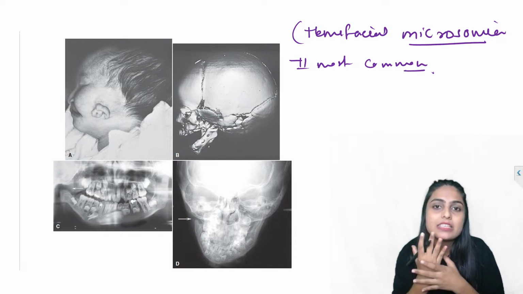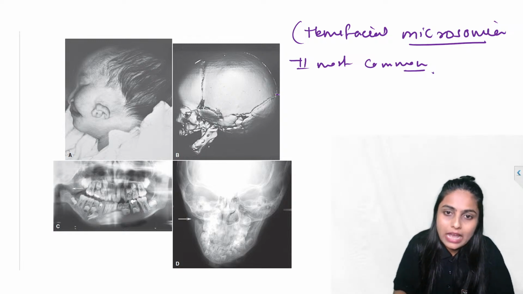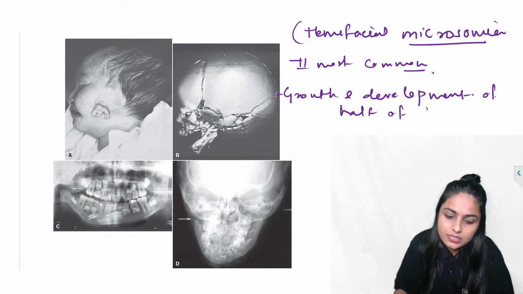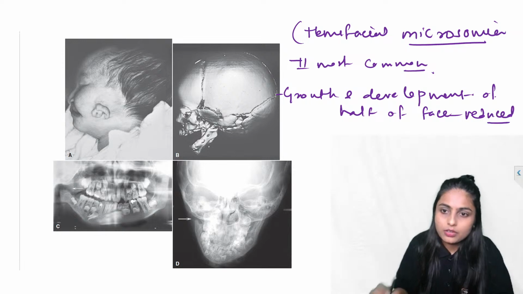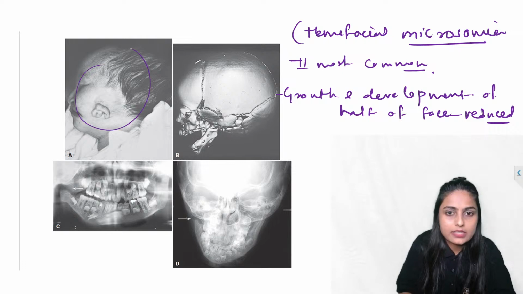Hemifacial means half of the face is affected. So what happens exactly is the growth and development of half of the face is reduced, so the patient looks somewhat like this.